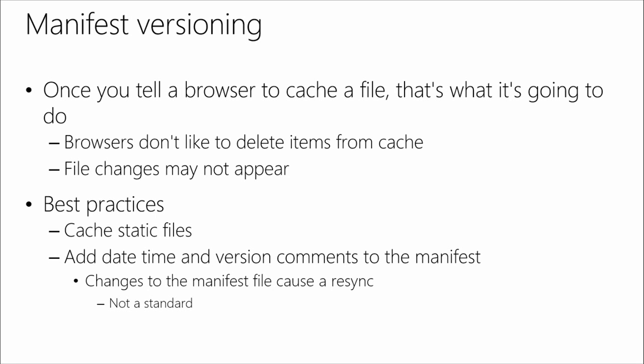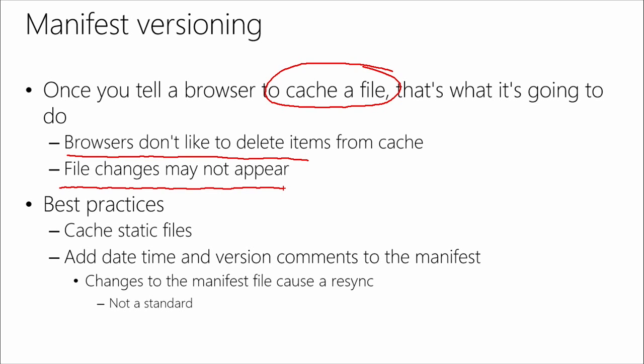You see, once we've told the browser cache that file, that's what it's going to do. And the browser does not have a mechanism to go back to look to see whether or not that file has changed. Browsers don't like to delete things, and those file changes then may not appear.